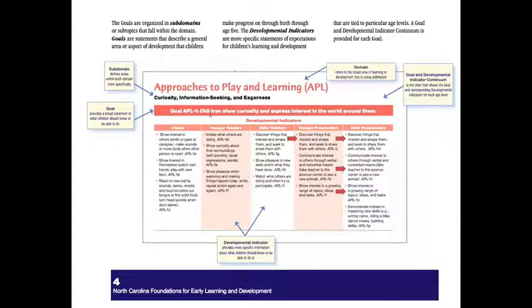Goals, such as this one, are statements that describe a general area or aspect of development that children make progress on from birth to age 5. The developmental indicators, these down here, are more specific statements of expectations for children's learning and development that are tied to particular age levels. A goal and developmental indicator continuum is provided for each goal.